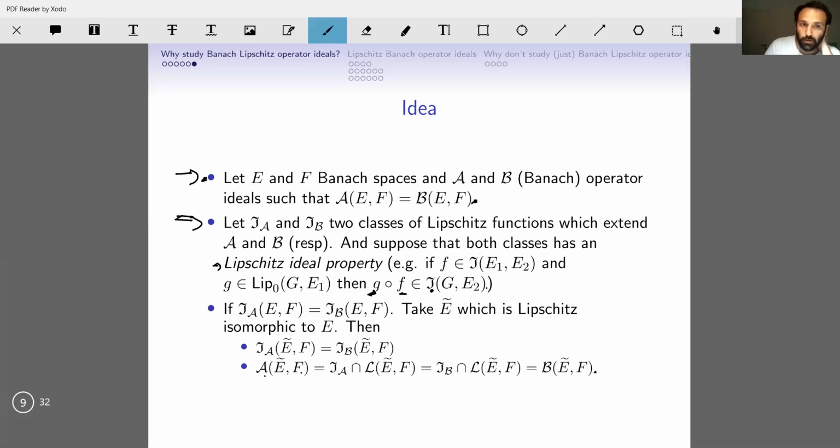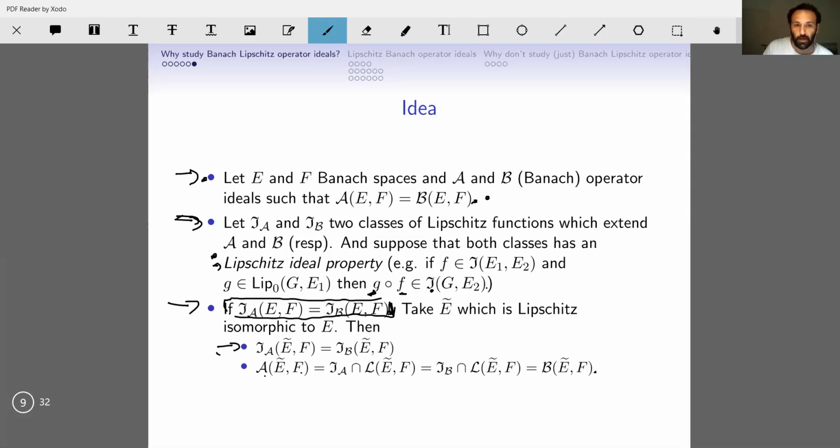So what we are doing here is trying to see if we can extend the property we fixed to a Lipschitz setting. Now here comes the hard part: trying to prove this equality. And this is really hard, because if we show this equality, then we can take E tilde, any Banach space which is Lipschitz isomorphic to E, and using the Lipschitz ideal property, we can obtain this equality.